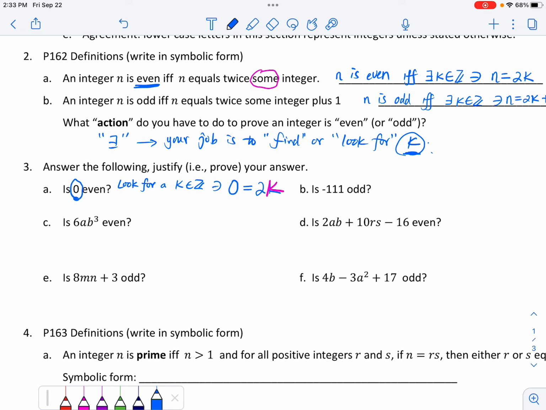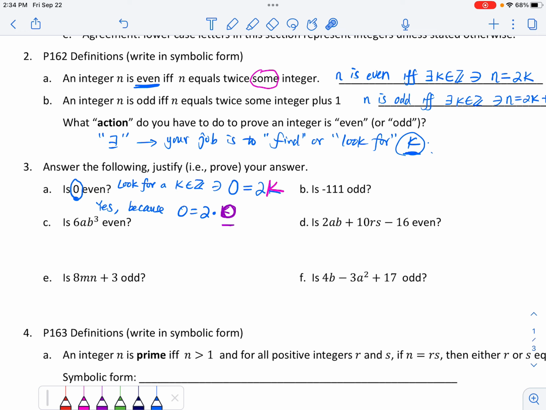Of course, yes, we can. Because we are able to find a k, because 0 equals 2 times 0. K is 0. So we are able to find a k, which is 0, so that 0, the one that we are trying to justify, equals 2 times the integer, which is 0, that we just found. So because of this reason, we claim that 0 is an even integer. So we are using this definition.